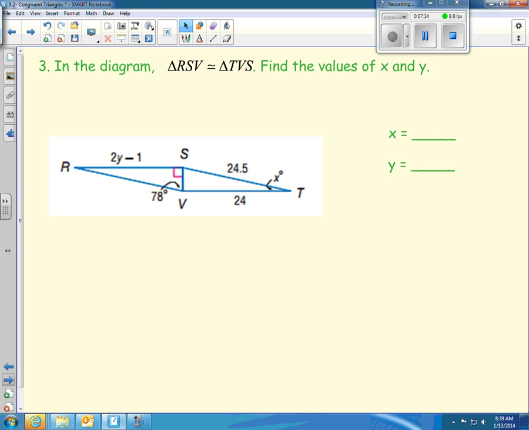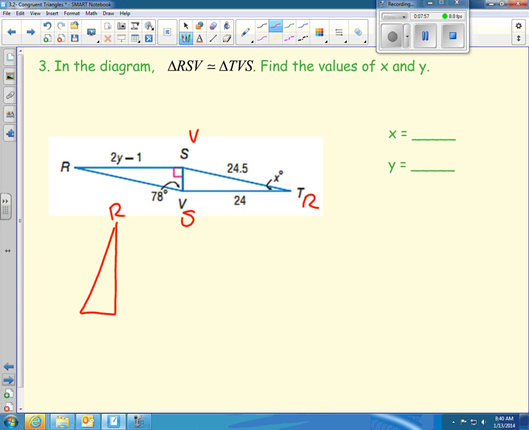All right, number 3, in the diagram, triangle RSV is congruent to triangle TVS. Ooh, R goes with T, S goes with V, and V goes with S. So it's a little backwards here. If it helps to draw out the two triangles separately, then do them like this: R, S, V, and say 2y minus 1, and then this one's a right angle, and then that's 78.